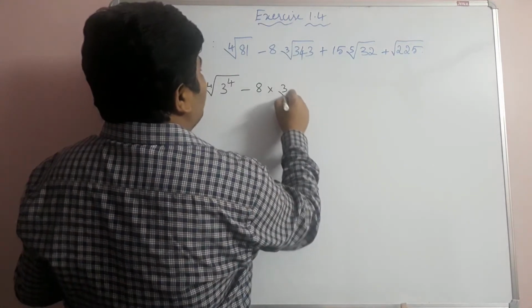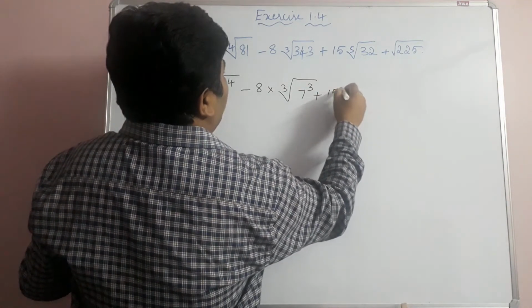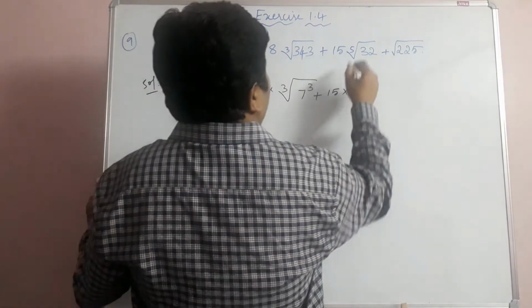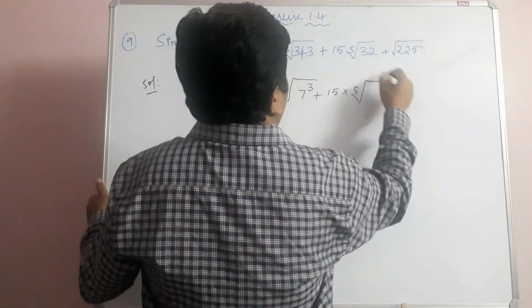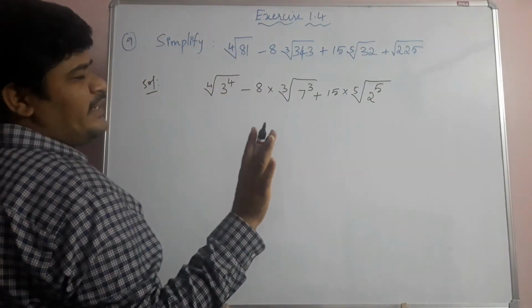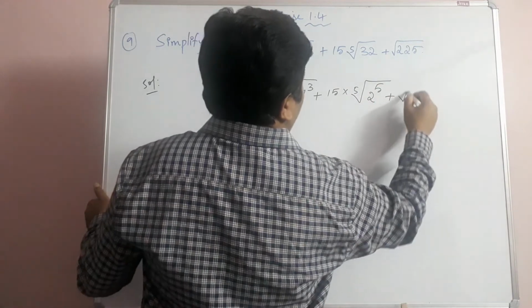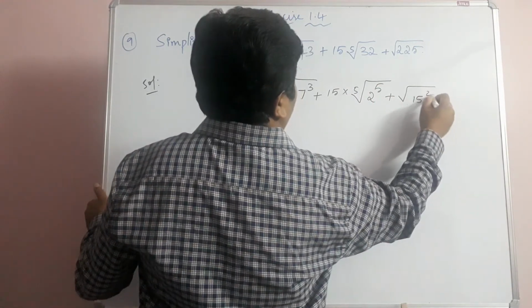So it can be written as cube root of 7 to the power of 3, plus 15 into fifth root of 32, which can be written as 2 to the power of 5. 2 2s are 4, 4 2s are 8, 8 2s are 16, 16 2s are 32. So we can write it as 2 to the power of 5, plus under root of 15 square.